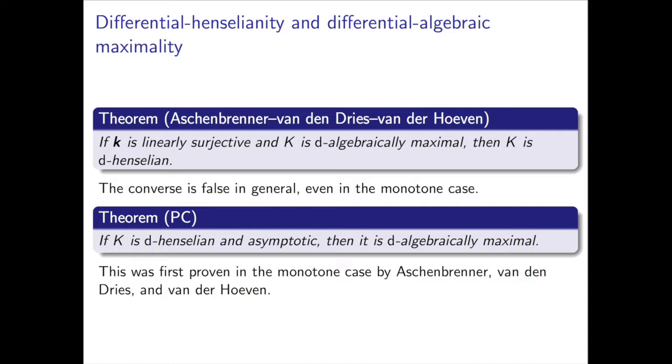Is it possible at some point to put the definition of asymptotic and monotone next to each other? Yeah, maybe I can just write it. Thank you.